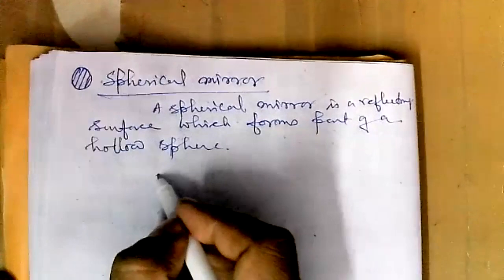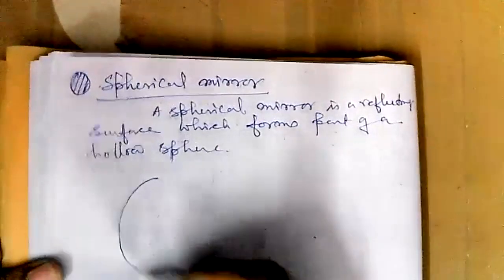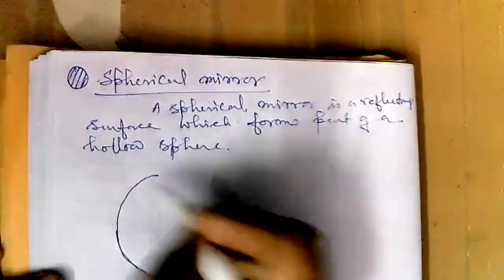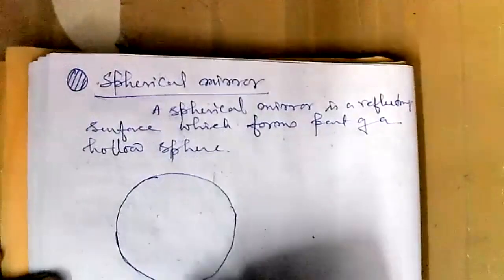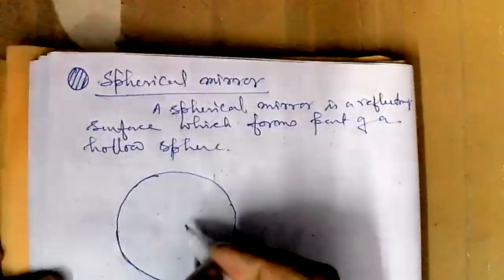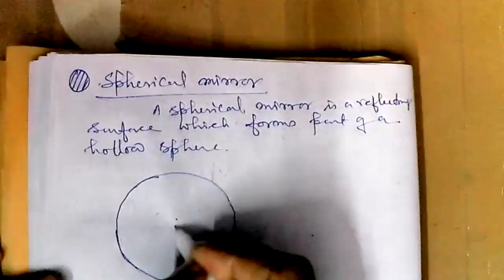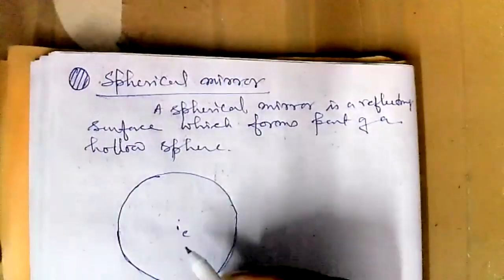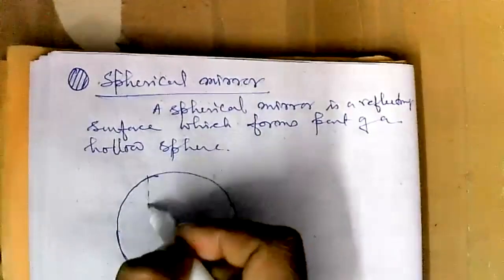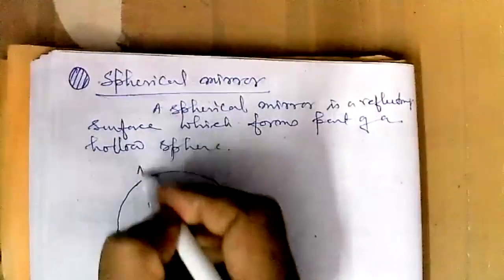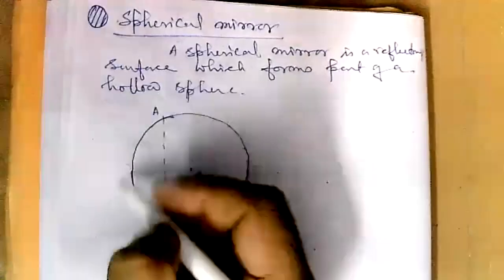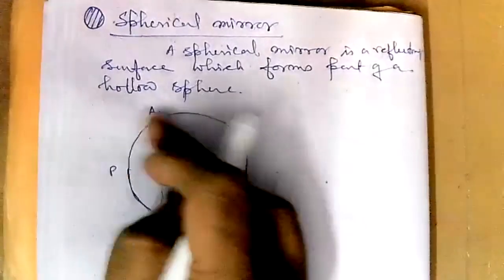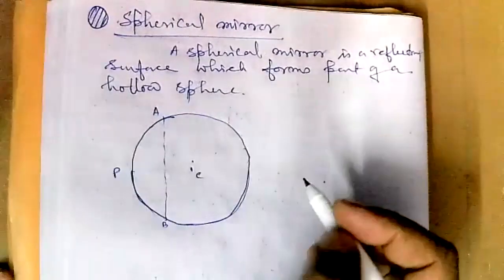So just consider a hollow glass sphere with center at C. If we cut this portion AB, then this portion APB can be considered as a spherical mirror.